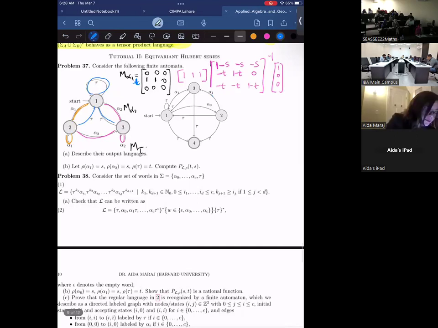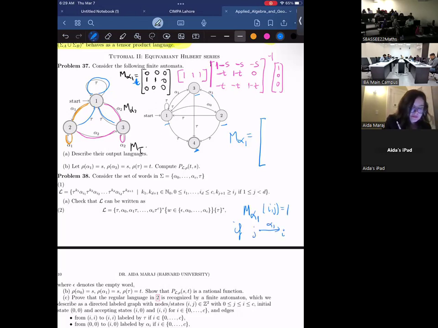Let's say I take M of alpha 1, and this will be a 4 by 4, where 4 is the number of nodes, and we have that M alpha 1 of ij is 1 if there is an edge from j to i with label alpha 1. Otherwise it is 0.